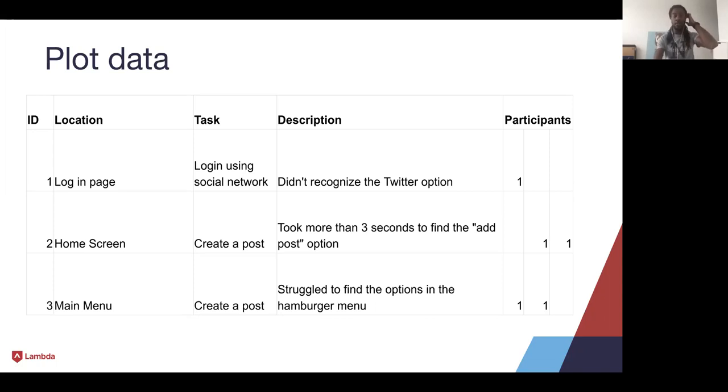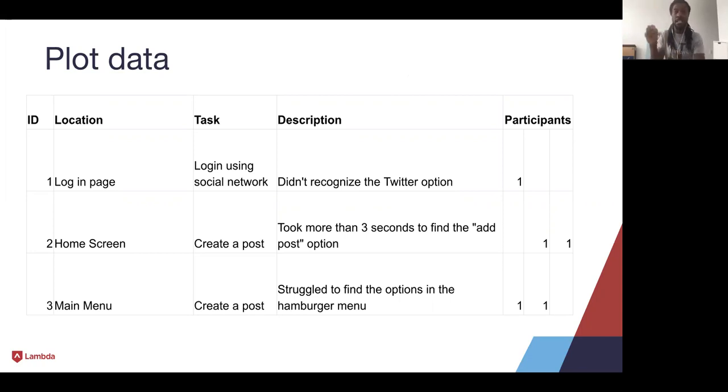When you're logging the first issue, you'll say participant 1 found this issue, and that's why you're plotting this first issue. And if participant number 2 had the same issue, then you could also plot that participant 2 had the same issue. That way you don't have to keep plotting the same issue.